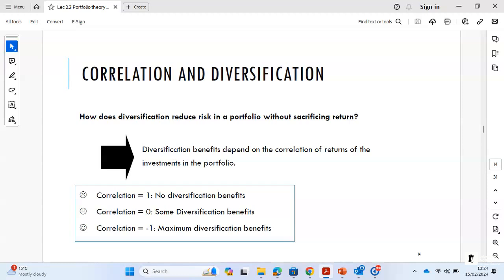So if you want to create a portfolio, if you want to diversify, what should you do? You should identify stocks or assets that are perfectly negatively correlated, right? Is that right? That's what all of you should do, to create a portfolio.